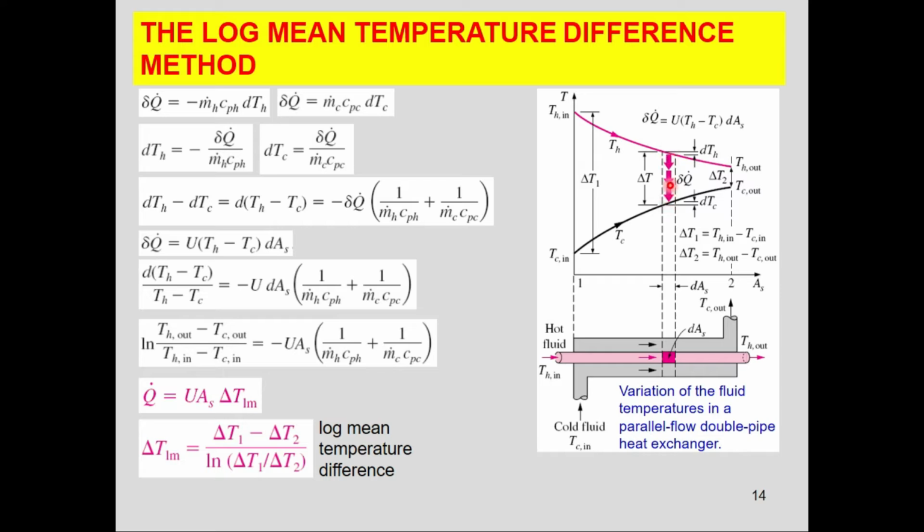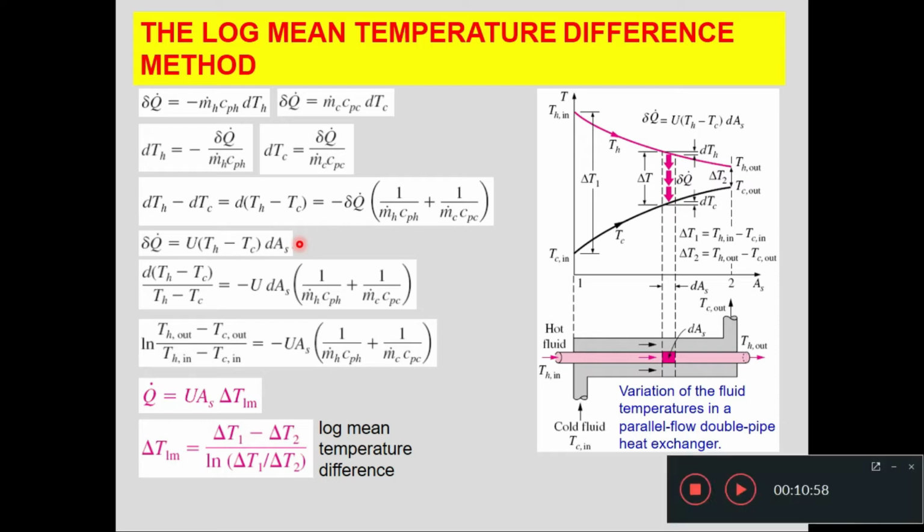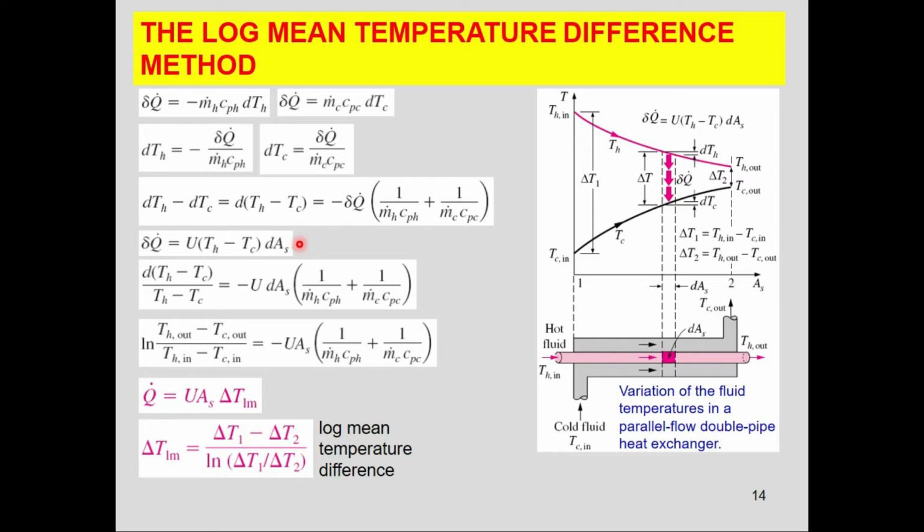So this heat transfer, which is represented by this delta Q dot, is simply represented by this expression. So this is the energy transfer from the hot fluid towards the cold fluid. This is the expression mentioned over here, or simply it can be the rate of heat transfer in the differential section of the heat exchanger.